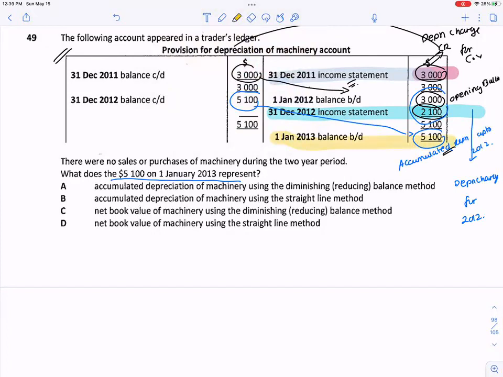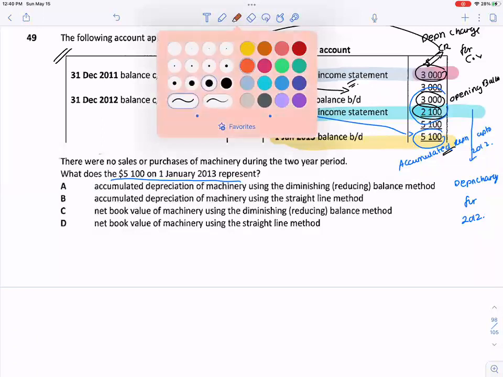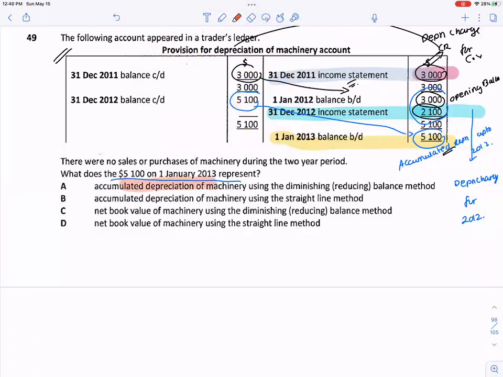Read and tell me what does 5,100 mean. Come on, tell me what does it mean?